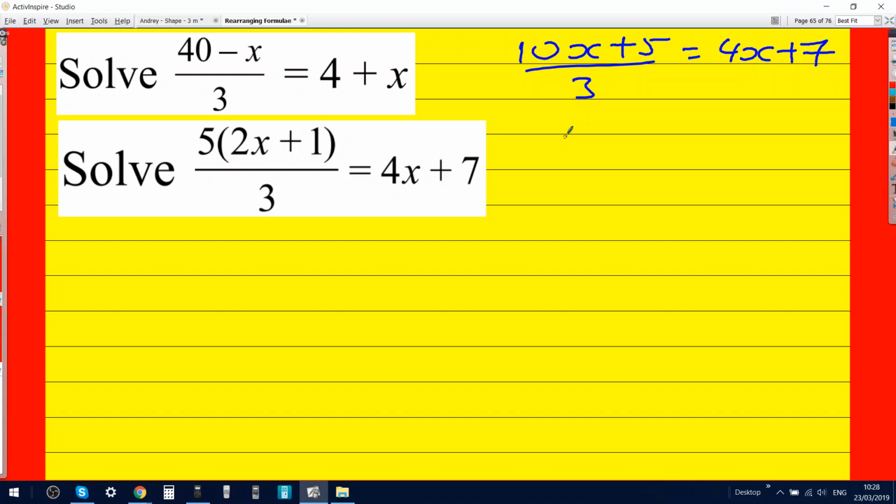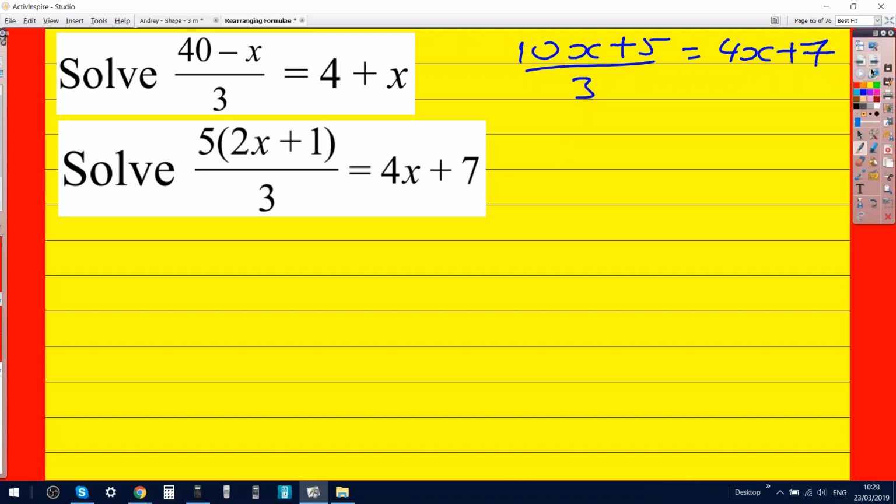You see that 10 is currently divided by 3. So it would be like 10 over 3 minus 4, which would be tricky. This over thing is kind of like brackets, so I would get rid of the fraction first. So would you have to times by 3? Yes. So would the 10x plus 5 be in brackets and then 3 on the outside?